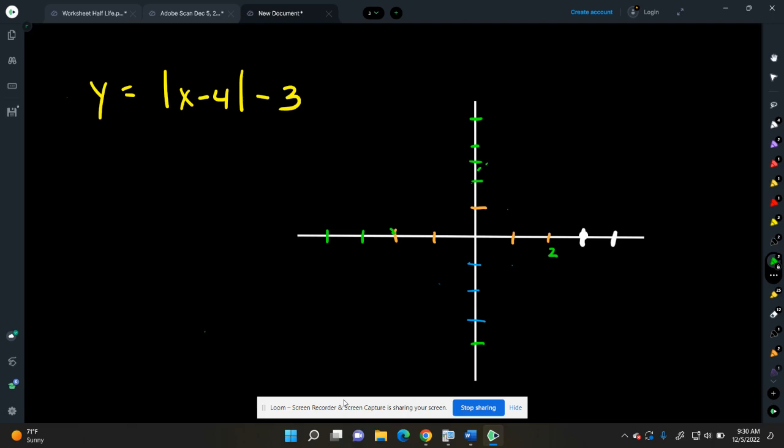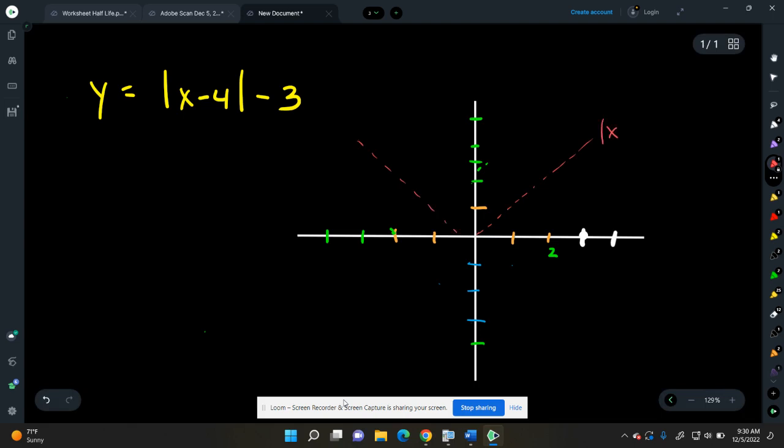Okay, so I'm going to start by just sketching in very lightly what the absolute value equation looks like, right? This is what it looks like if I don't move it. This is just your absolute value of x. We call that our base function, right? That's where we start. Okay, now what's the minus 4 do?